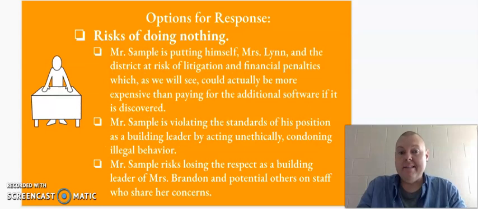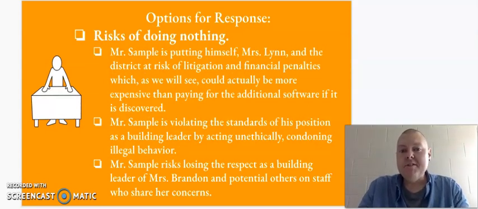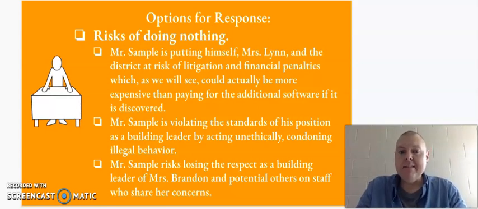Here are the risks for Mr. Sample choosing not to do anything. Mr. Sample is putting himself, Mrs. Lynn, and the district at risk of litigation and financial penalties, which, as we will see, could actually be more expensive than paying for the additional software if it is discovered. There is research that suggests that more rural districts and small districts are being sought out and punished for copyright infringement.